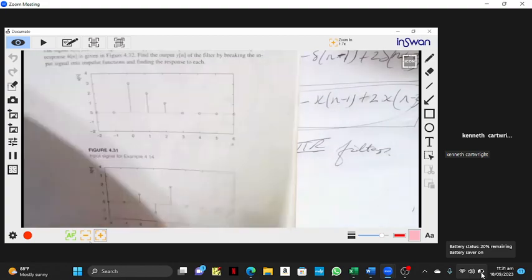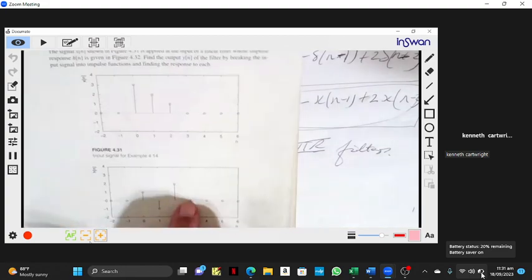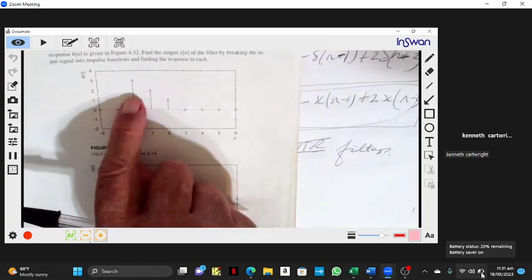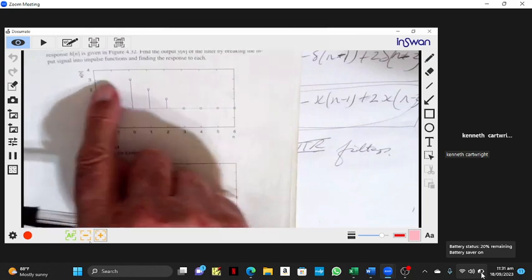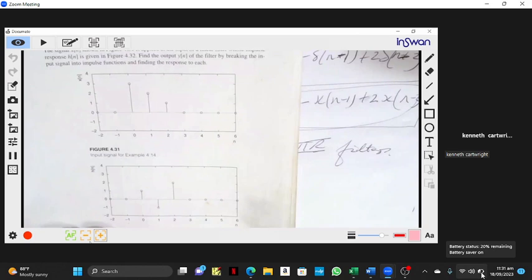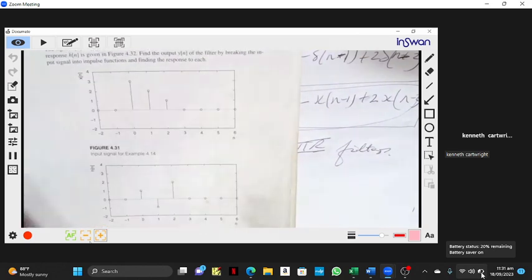Here's a plot of input versus n. At n equals 0, what is it? It is 3. It is not 1. It is 3. That's what I'm trying to explain to you.